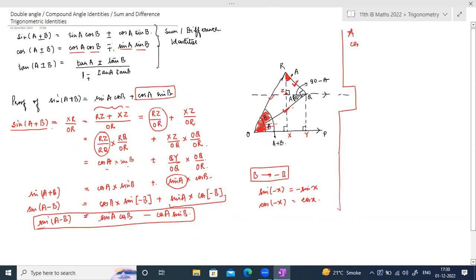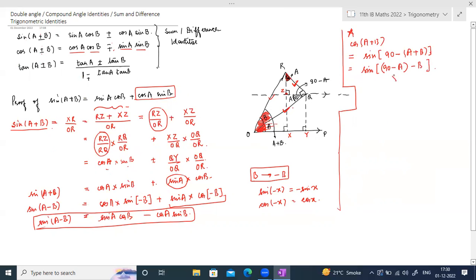So if we start from cos A plus B, we can write cos A plus B as sine of 90 minus A plus B. And probably we can consider sine 90 minus A as one angle and minus B as the other angle.